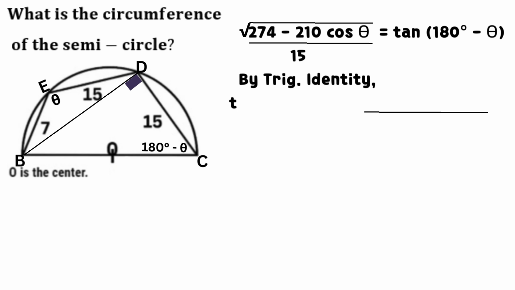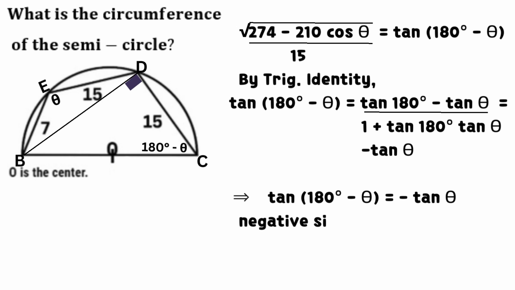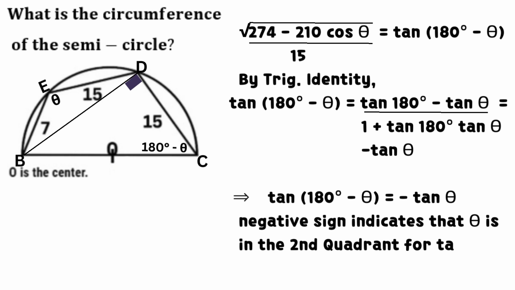The square root of 274 minus 210 times cosine theta, all divided by 15, equals tan of 180 degrees minus theta. By trigonometric identity, tan of 180 degrees minus theta equals negative tan theta. After simplification, the negative sign indicates that theta is in the second quadrant for the tangent of the angle.